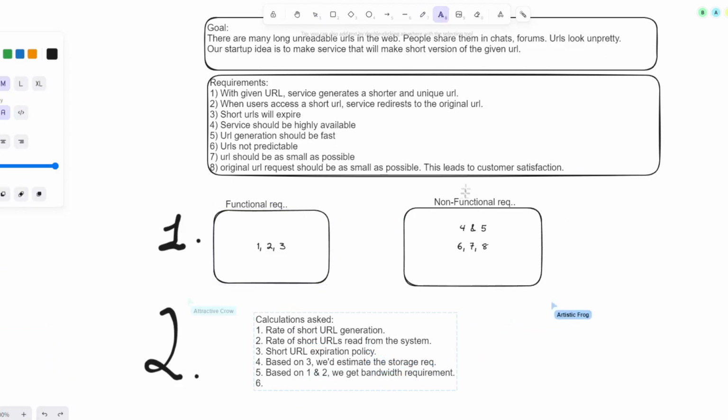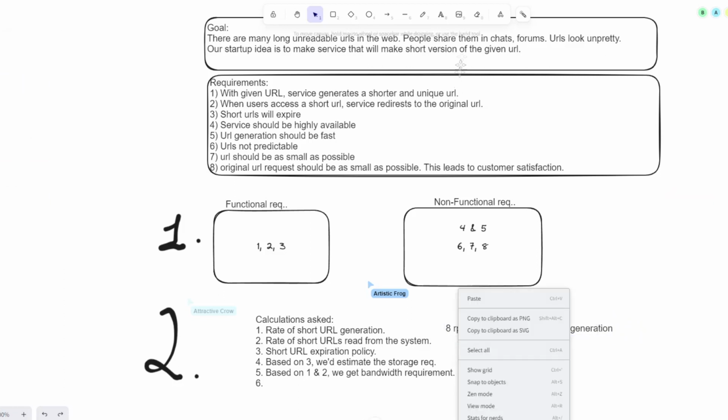Let's say I will answer that there are 8 RPS on write, I mean the rate of short URL generation. That is the first. What about read?